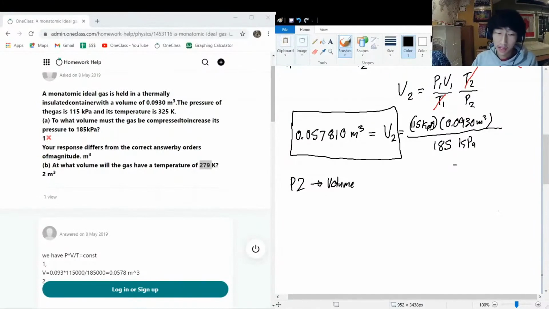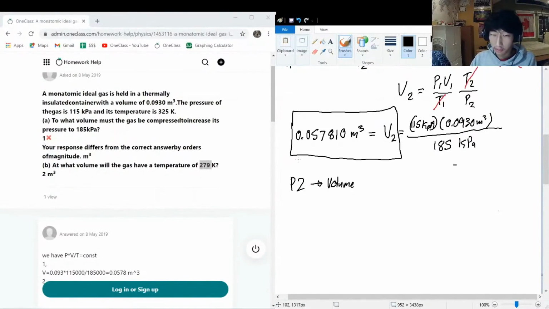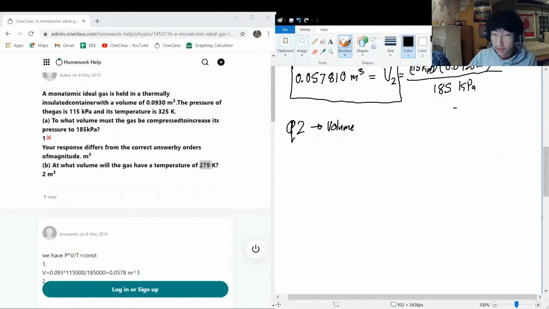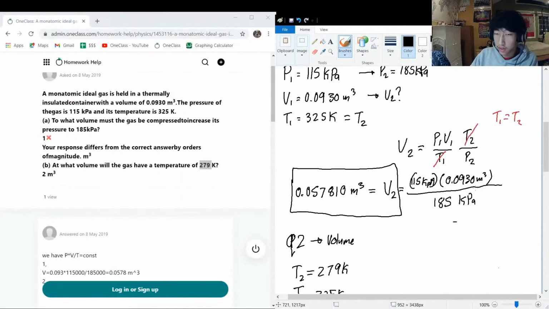I think this is kind of related to the first one, except we're not going to have T1 equal T2 anymore. So this is going to be the same relationship, except T2 is not equal to T1. T1 was 325, and T2 is 279. And everything else is going to be the same.